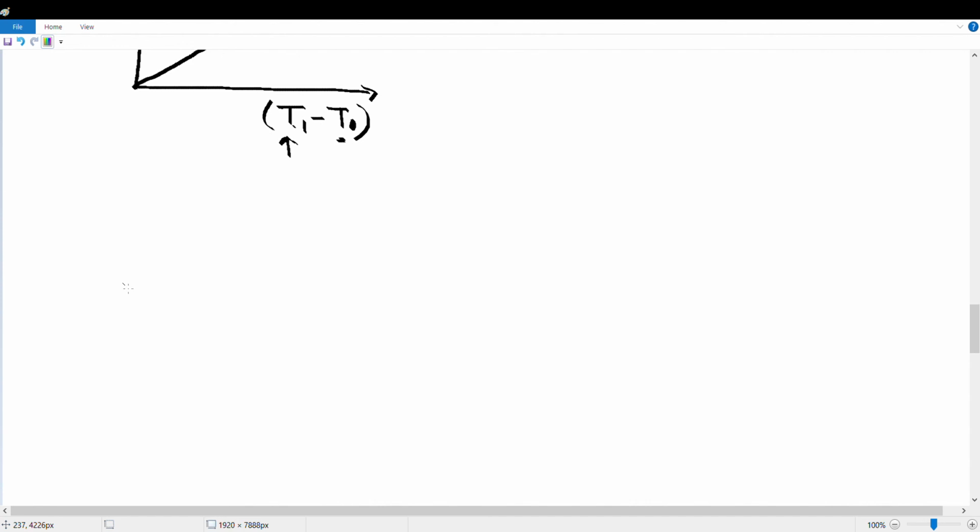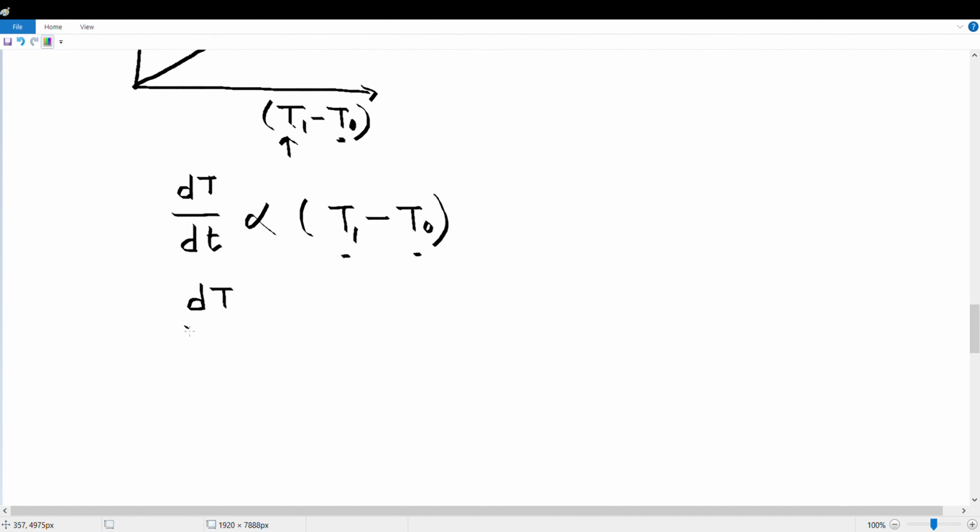From this we can draw the conclusion given by Newton. Newton concluded that this rate of cooling, dT by dt, is directly proportional to the temperature excess, or the temperature difference, between the temperature of the body, T1, and the temperature of the surrounding, T0. If the body has excess temperature compared to the surrounding, the rate of cooling is higher, and if the temperature difference decreases, the rate of cooling also decreases.